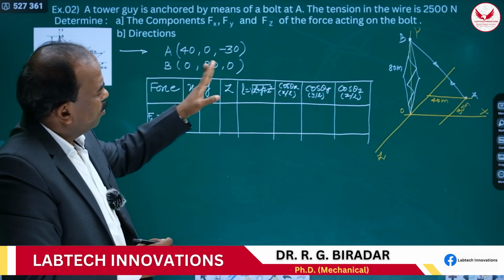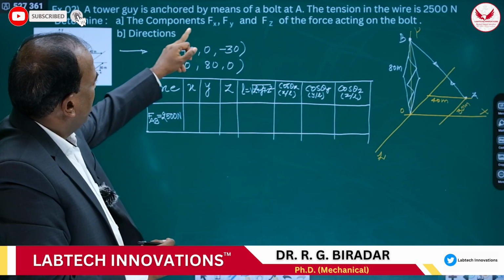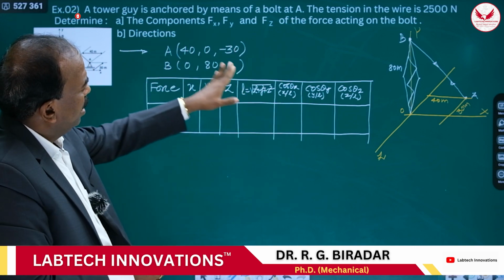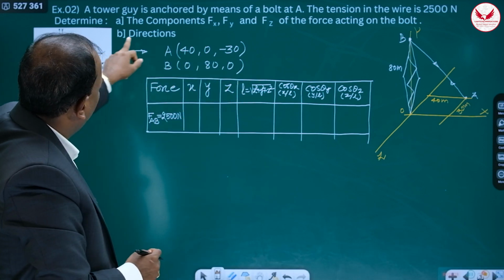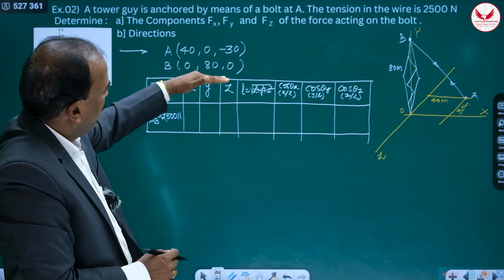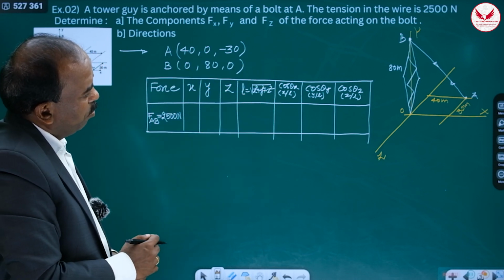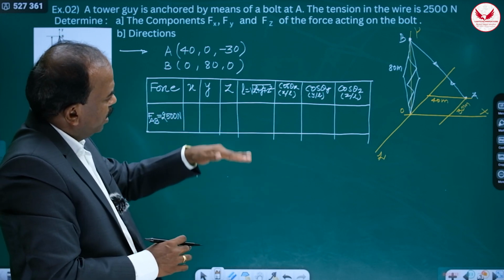So whatever this example is: a tower guy is anchored by means of a bolt at A, means it is fixed at A. The tension in the wire is 2500 Newton. Determine the components Fx, Fy, Fz of the force acting on the bolt at A. Means we have to calculate its X component, Y component and Z component.